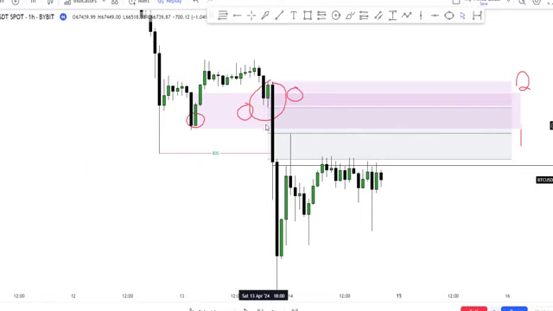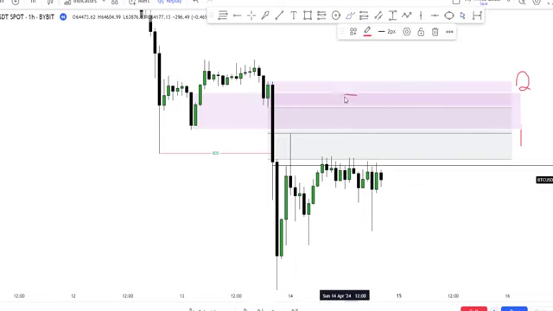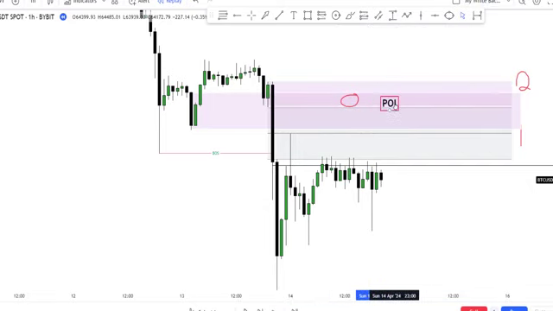This confluence I have becomes the most powerful point of interest. The breaker block and the order block that are confluencing with each other, this area becomes a better point of interest, which is known as POI. All right. So this is the most powerful detail you want to see as price comes back.